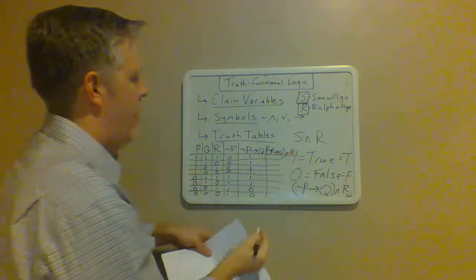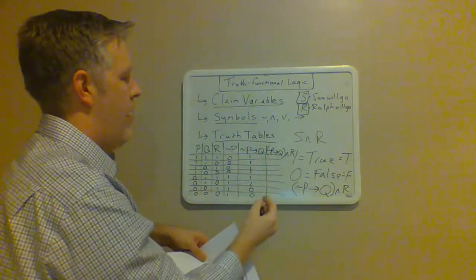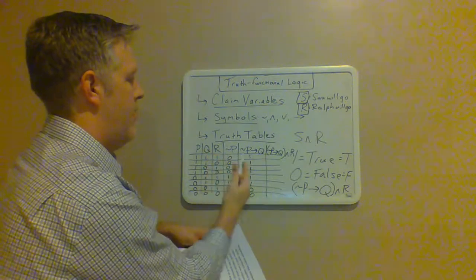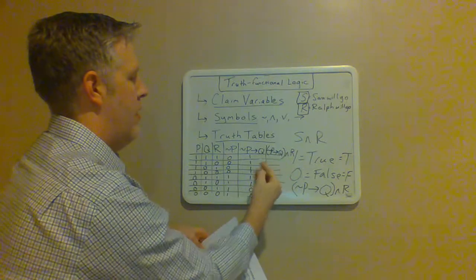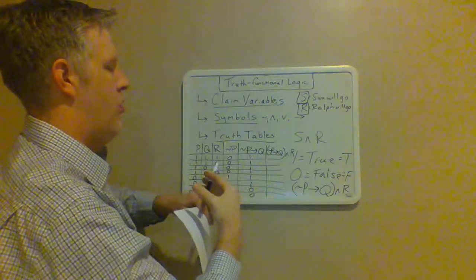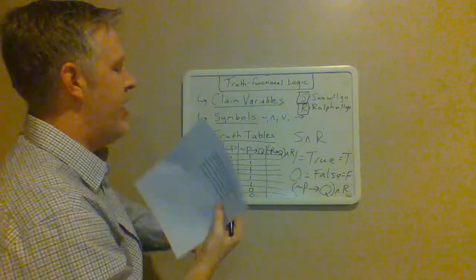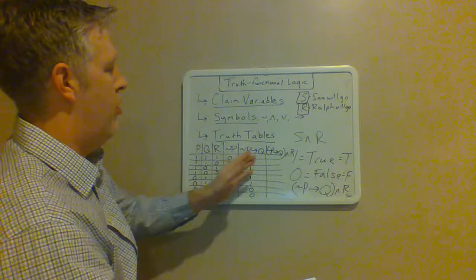I'm not going to go through and do the truth values for that, but hopefully you see that you've got to do these step by step and start with the simpler parts. It'll make it easier to figure out the truth value of the bigger, more complicated part when you've depicted all the smaller parts within it.